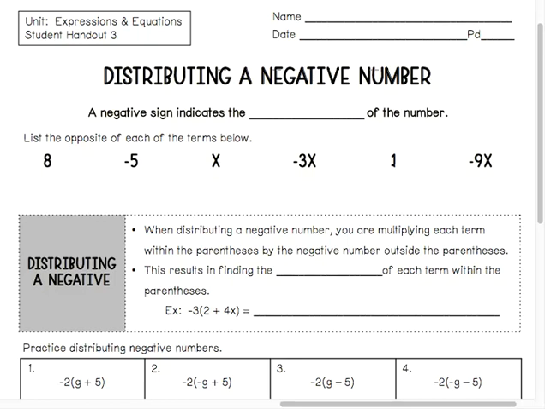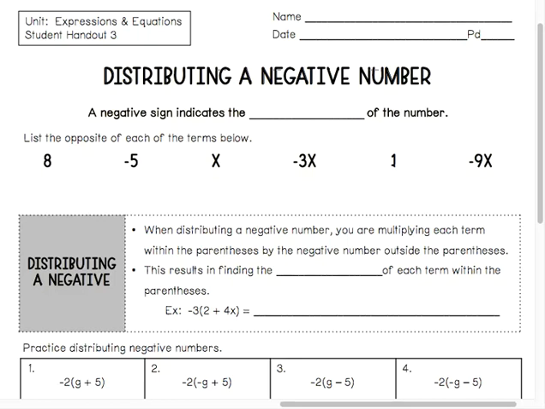I'm going to distribute like always, but you guys are going to have to follow your rules for multiplying. So I have -3 times 2 is what? -6, right? Because a positive times a negative is a negative.